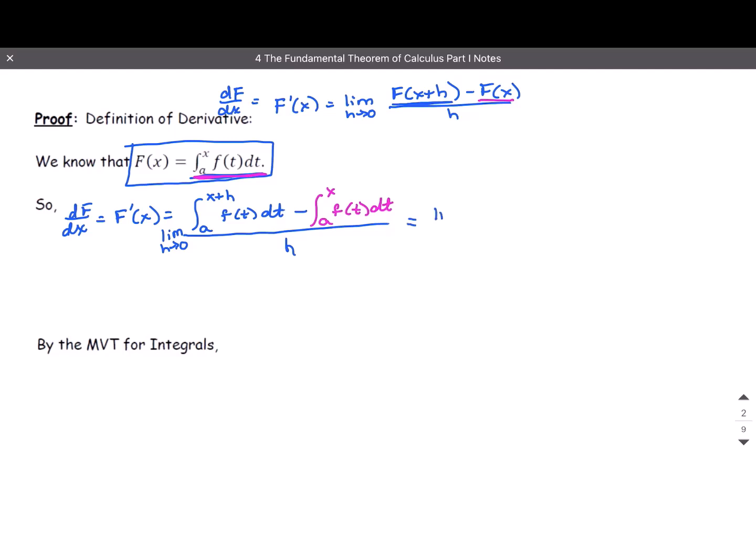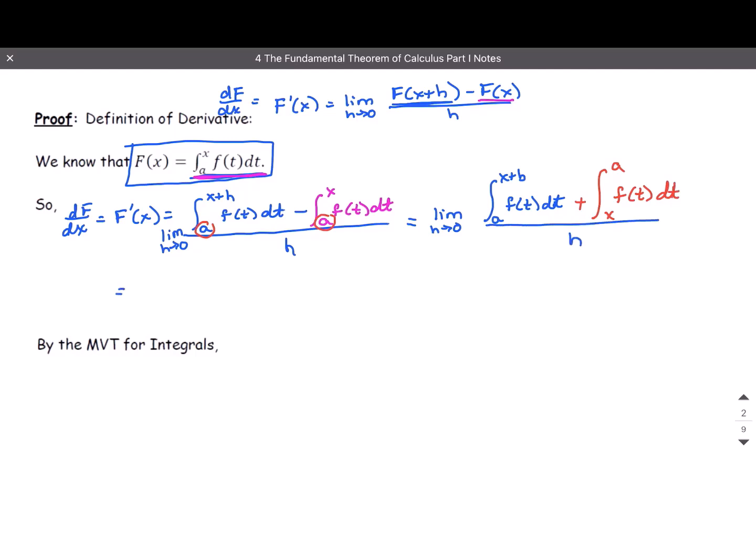Okay, so this equals the limit as h heads to 0 of, I'm going to keep the first integral, the integral from a to x plus h of f of t dt. But notice this a is here and this a is here. We want to use that to link these two integrals and make one integral. So I'm going to reverse it, which means I'm going to have to change that to addition. I change the sign when I reverse the limits. And now I'm still all over h.